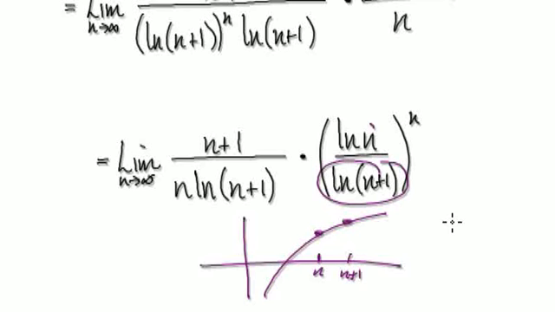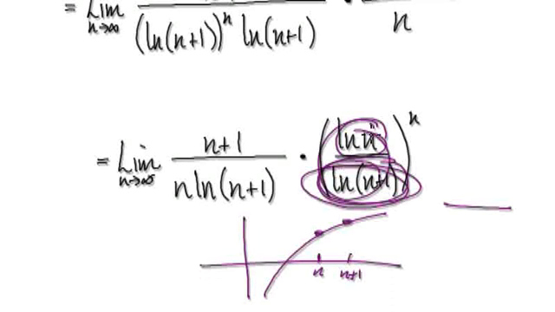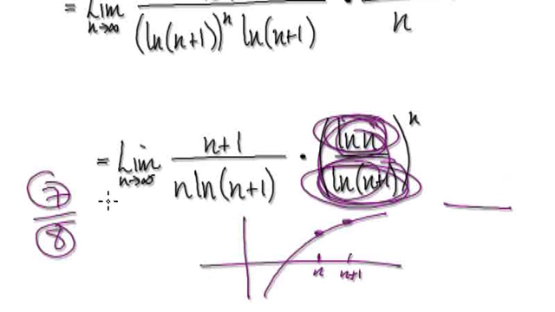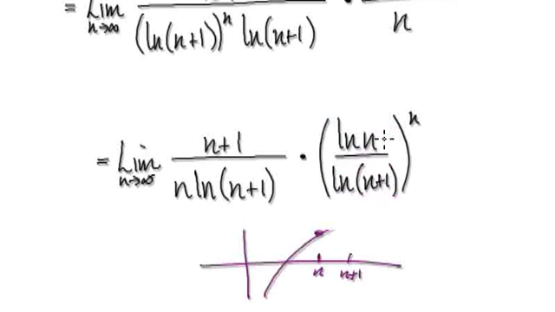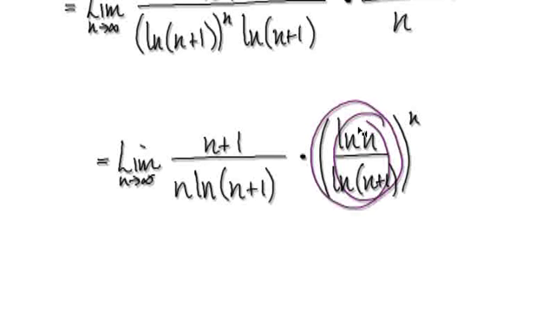This number will always be bigger than this number, so it will always be less than 1. That's like me giving you 7 over 8. This is bigger than this. This ratio here will always be less than 1.